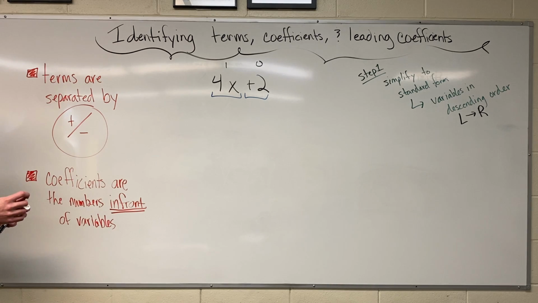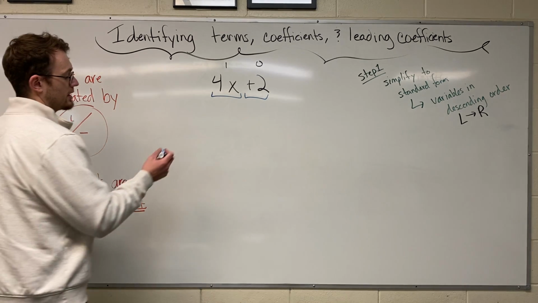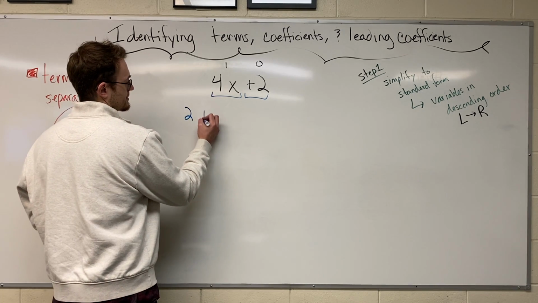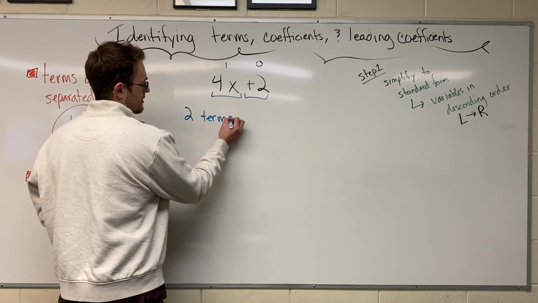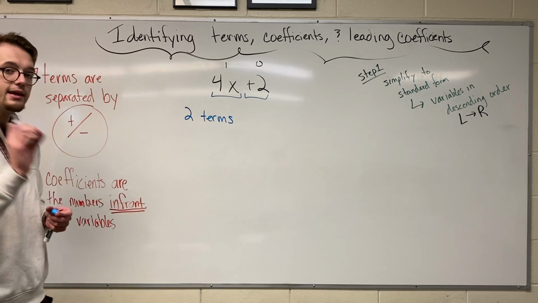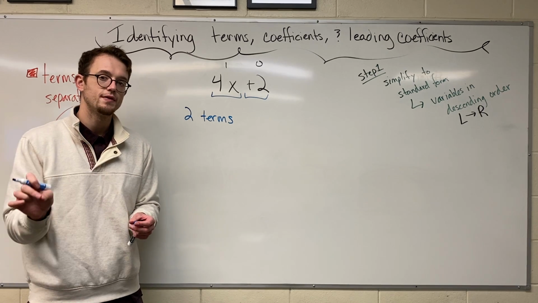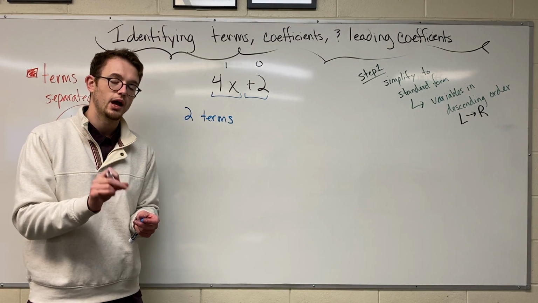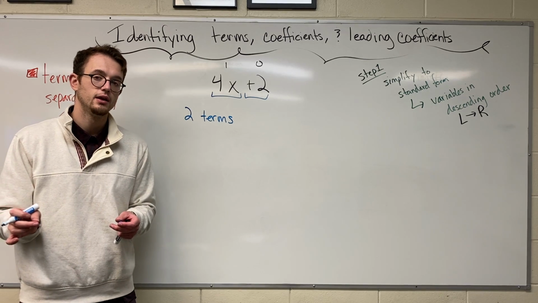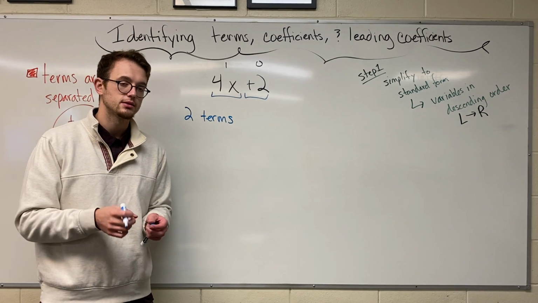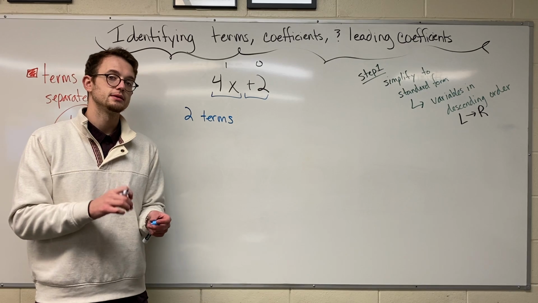Now that the terms are separated, so I know I have 2 terms, and each term has a coefficient. So if I have 2 terms, I should have 2 coefficients. And usually when you list coefficients, it's going to be in descending order.